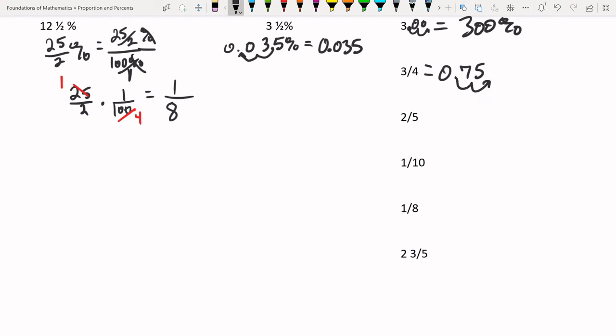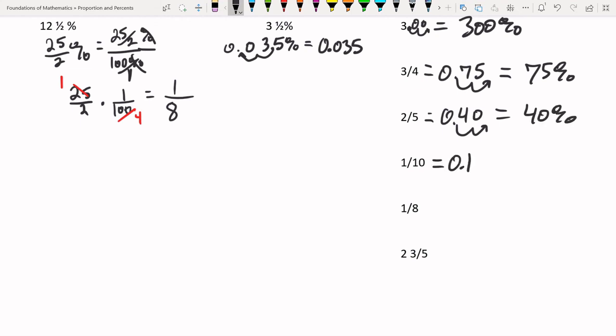Move it 2 spaces to the right, giving me 75%. 2/5 is going to be 0.4. 2 spaces to the right, we get 40%. 1/10, it's going to give us 0.1. 2 spaces, we get 10%.